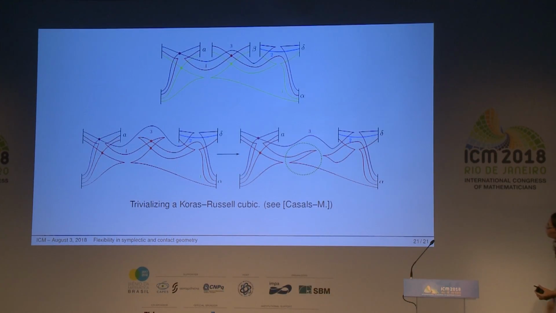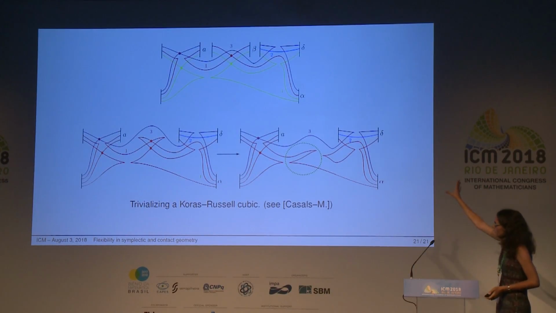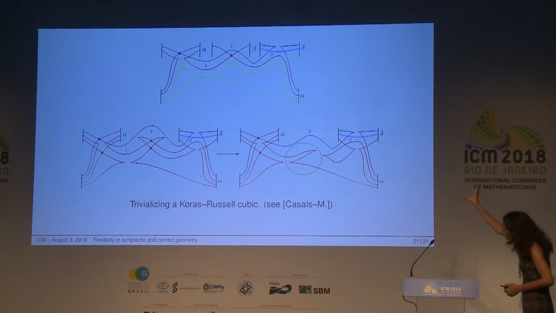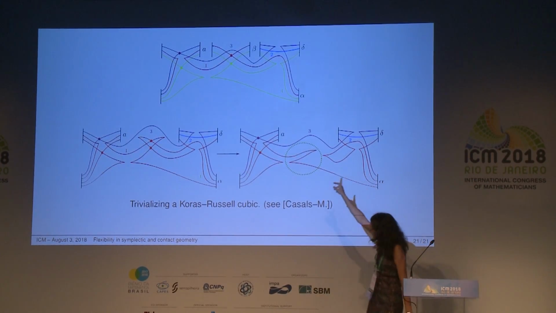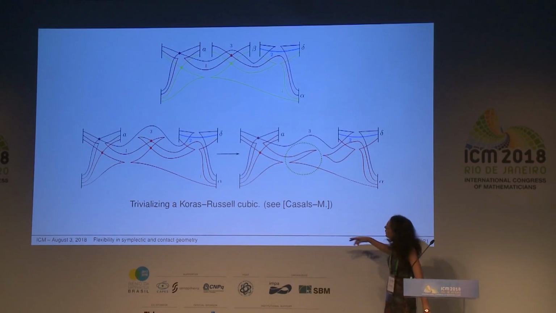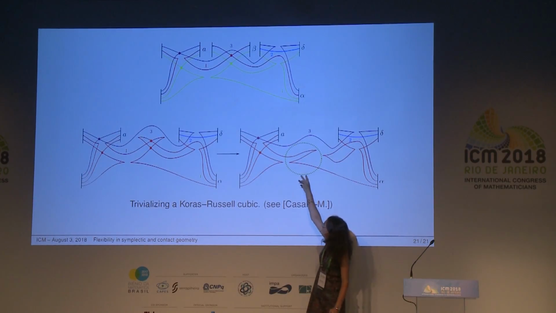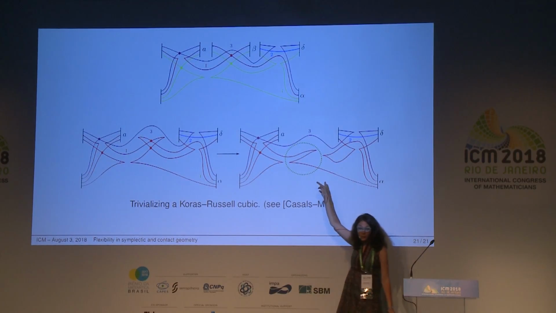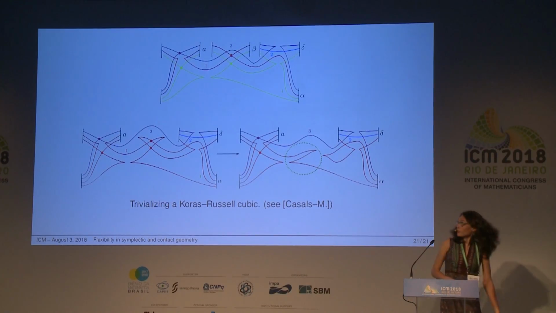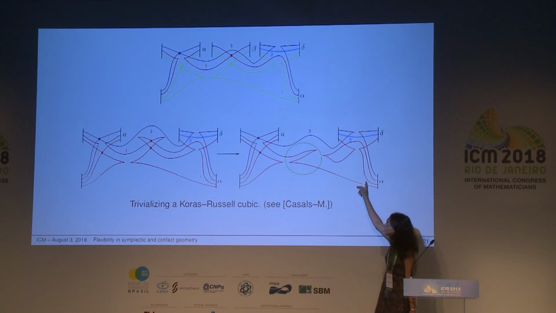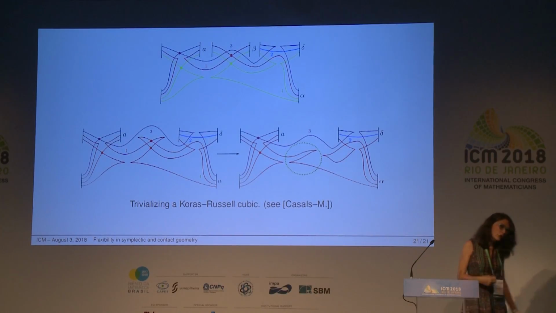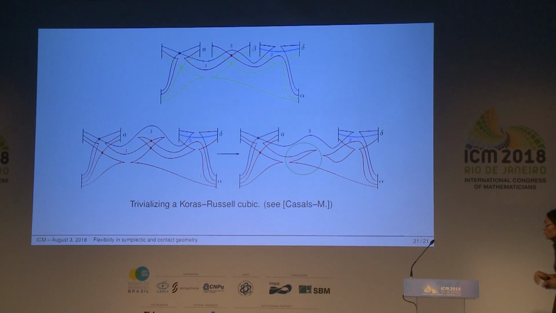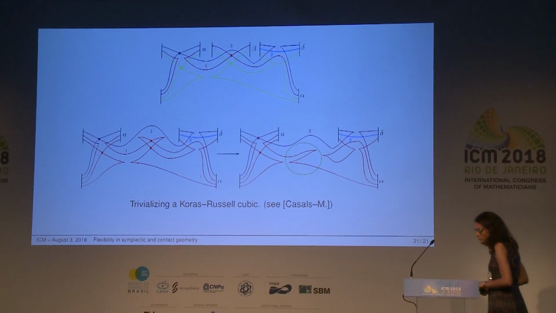At the top is a basic Weinstein handle decomposition picture of the Russell cubic, and then we have some basic cancellations. Once we get to here, this is where we explicitly see that things are flexible. It's not at all clear that this is trivial, but since it's flexible, then this theory takes over, and it's immediately the same thing as C3.